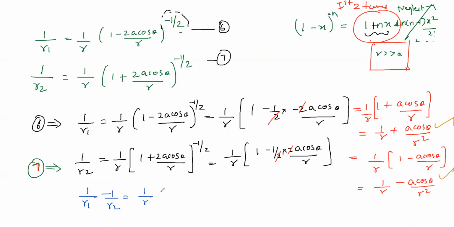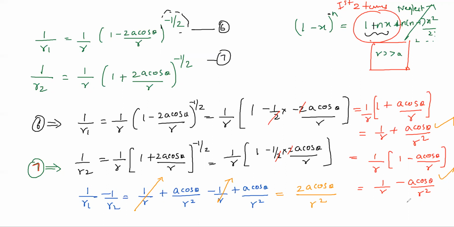So 1 by r1 is 1 by r plus a cos theta by r square, minus 1 by r, multiply the minus inside, so we get plus a cos theta by r square. You can cancel this 1 by r and this 1 by r. And finally, your expression is nothing but 2a cos theta by r square.